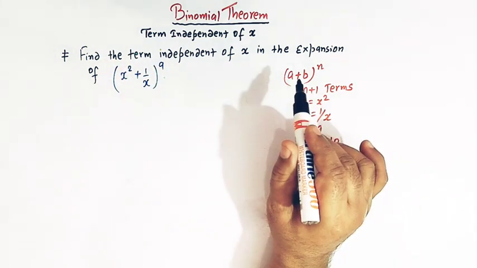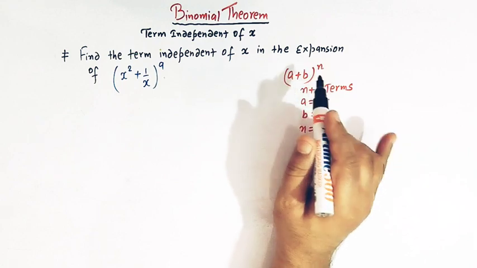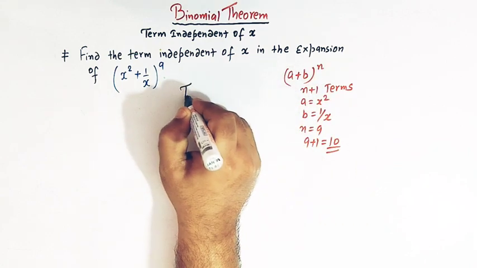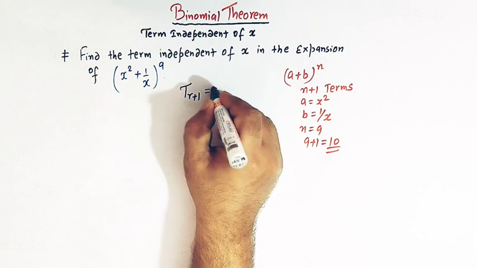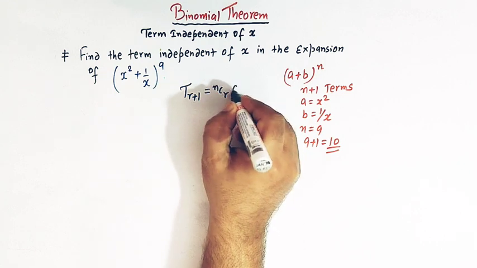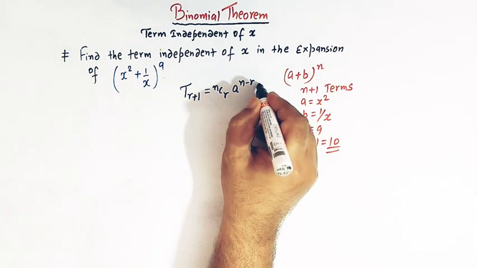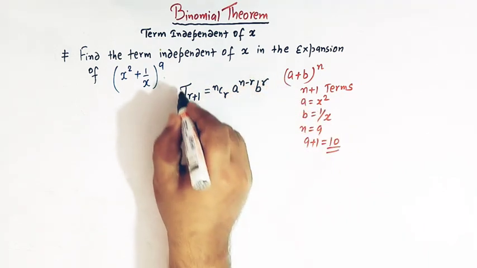The general term is given by this formula: T(r+1) = nCr a^(n−r) b^r.